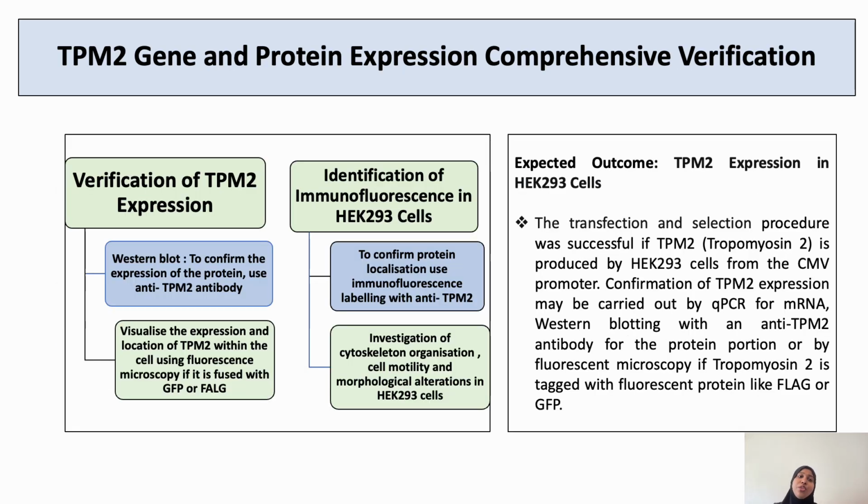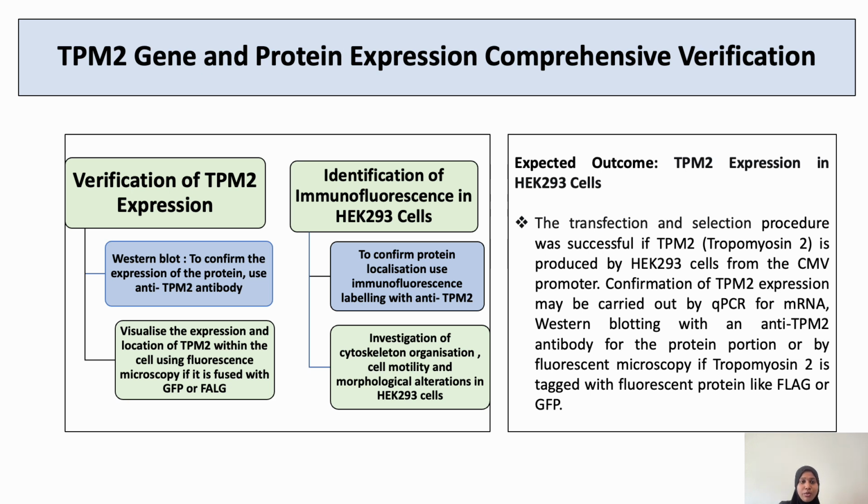Now TPM2 gene and protein expression comprehensive verification. Once transfected into HK29 cells, verification of TPM2 expression was crucial.